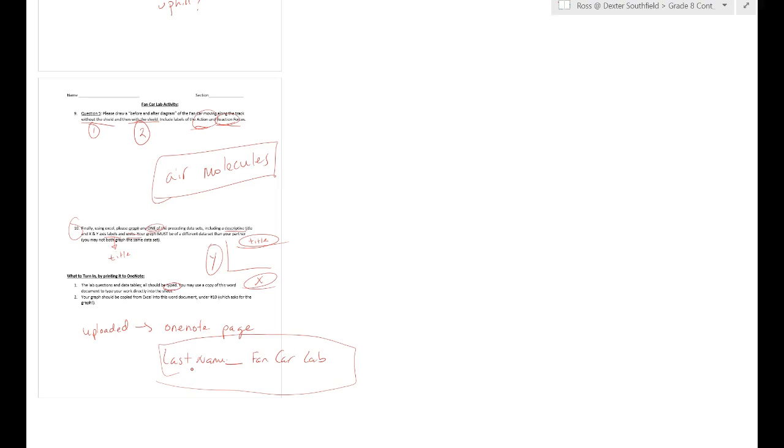Either one of those options is fine. But remember that the Word document that you upload to OneNote should have your data, should have the answers to the questions, it should have the drawing, and it should have the graph. Right? All of those things are requirements that end up in that Word document that's uploaded into the OneNote page in the Labs tab and titled exactly this.